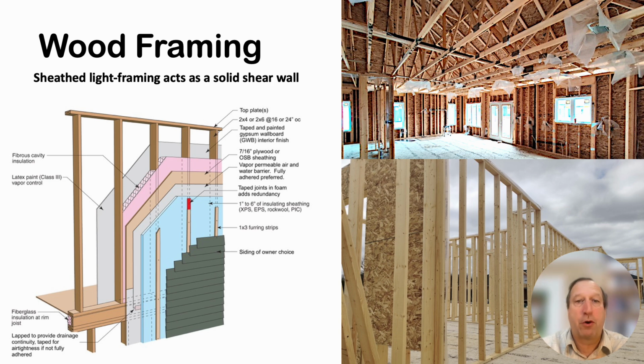The framing photographs I'm showing here are to show you the framing, but in most cases we are covering up that framing with sheathing. And the reason we cover it up with sheathing is so that we can get lateral bracing. So it turns that frame into something that is like a solid wall, like a solid shear wall.